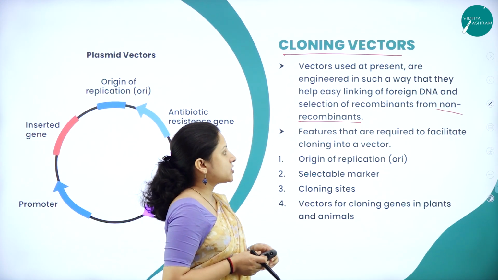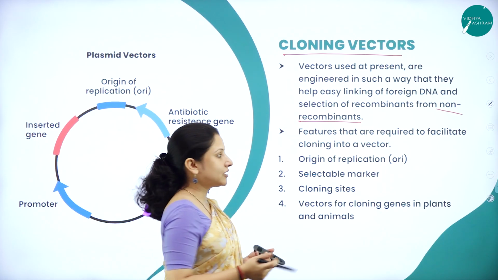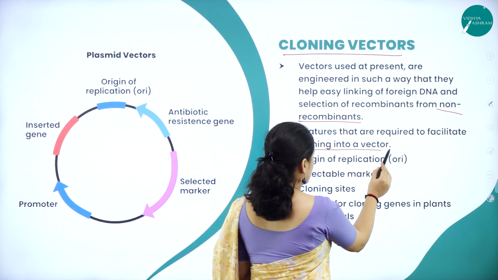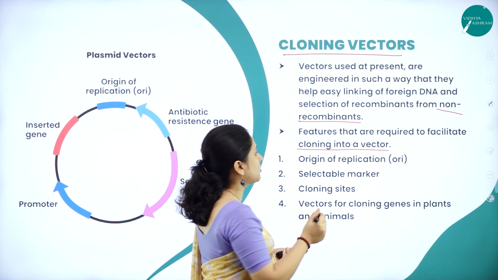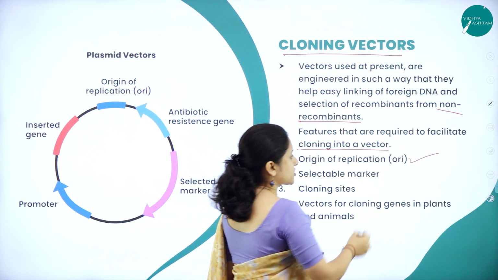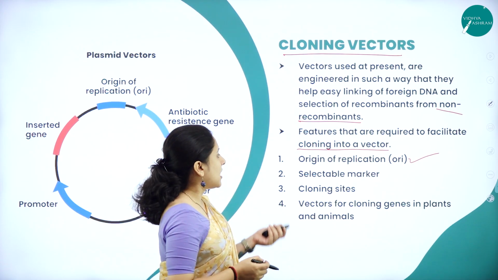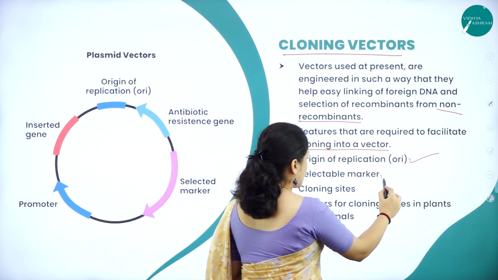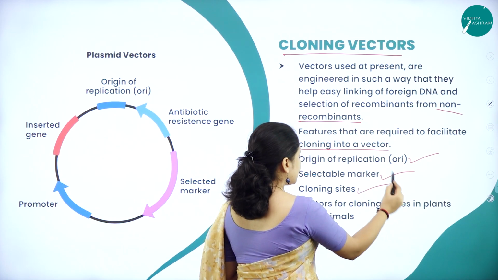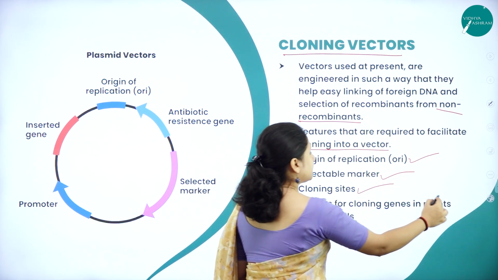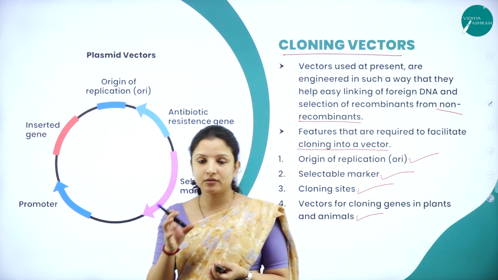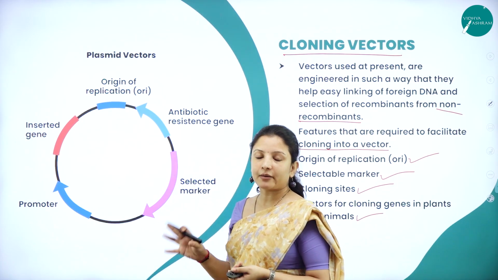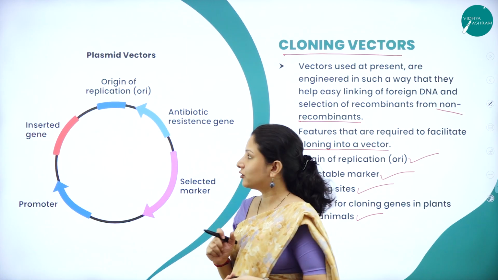There are some features which facilitate cloning into a vector. The vector has a region called the origin of replication or ORI region, a selectable marker region, cloning sites, and regions for cloning genes in plants and animals. Because all these are present in that vector, it is used as a cloning vector.